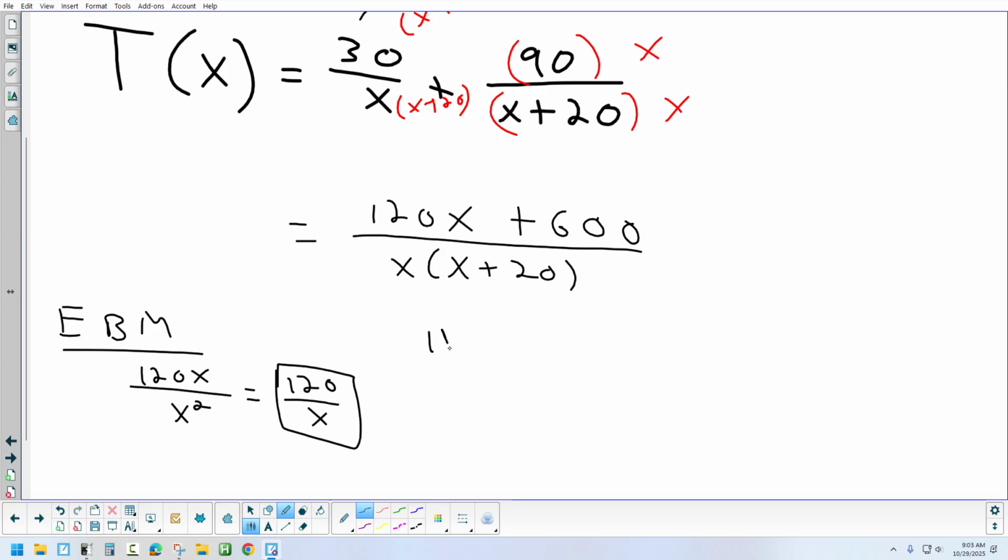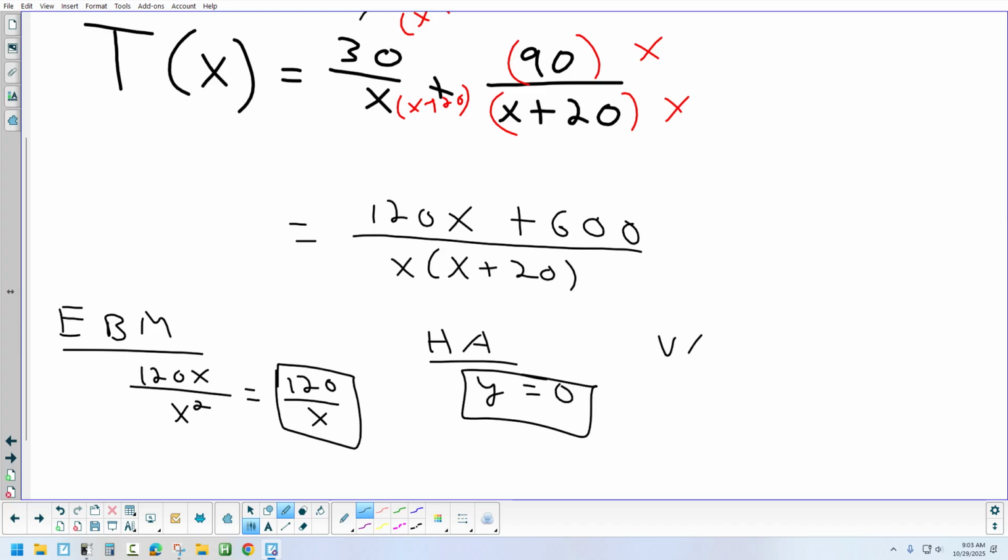So a horizontal asymptote, or any asymptote, has to be written as an equation. Don't write it as a single number. The EBM can be a term, that's fine, but asymptotes need to be equations. So horizontal, y equals. And as x approaches infinity, what does the EBM approach? So 0. This approaches 0. Yep. So there's your horizontal.